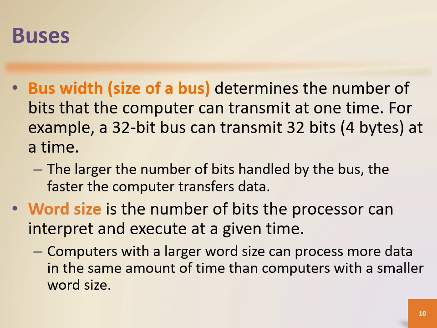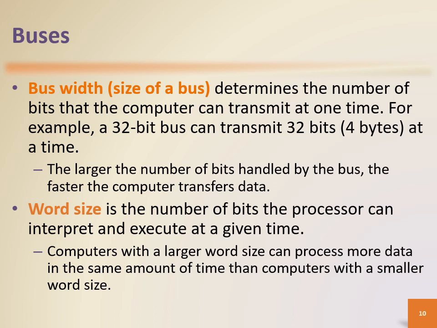The larger the number of bits, the faster the computer transfers the data. So if we have a 64-bit bus, it means it will transfer 64 bits at a time from one location to another location.